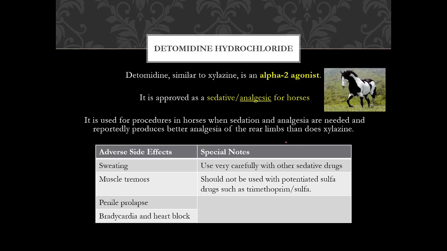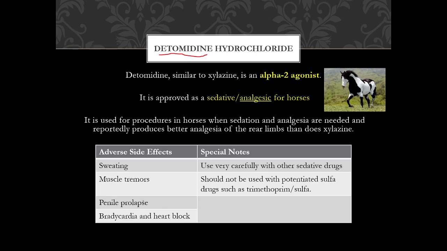Okay, another group, detomidine, is similar to xylazine. It's also an alpha-2 agonist, and we use this as a sedative and analgesic for horses. It's a little bit better for horses with their legs, especially with their rear limbs. So this is a choice that I would make now to sedate this particular horse for working on anything with the limbs.